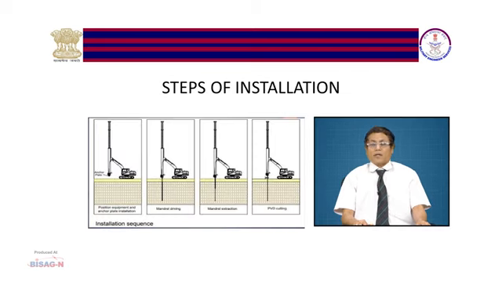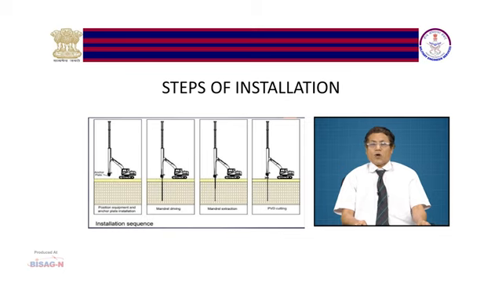Now, this is the graphical representation of steps of installation. The first one is placing this rig at the desired point where we want to place the PVD. Here one anchor plate is attached at the lower point. Then we should attach this PVD end at this anchor plate.